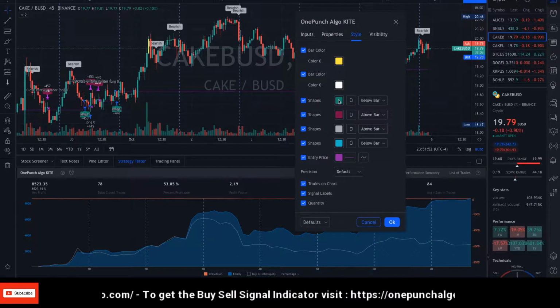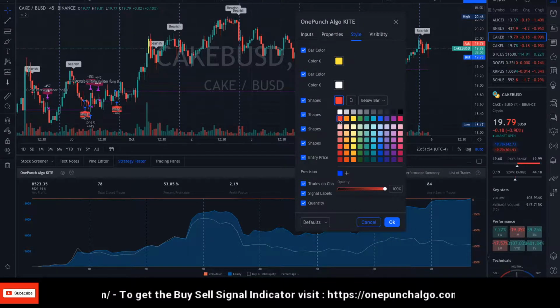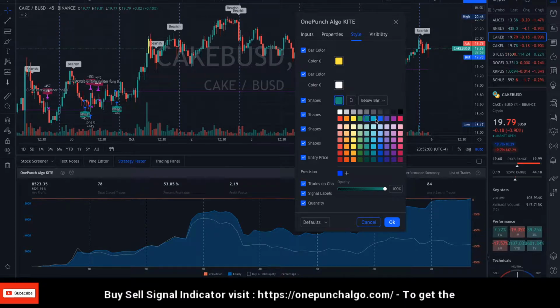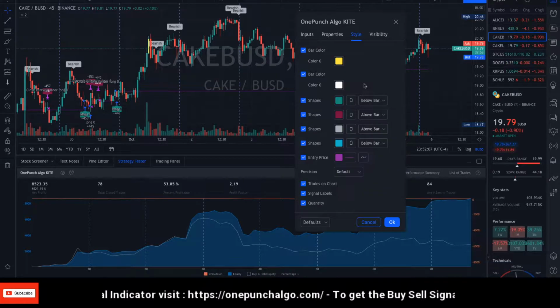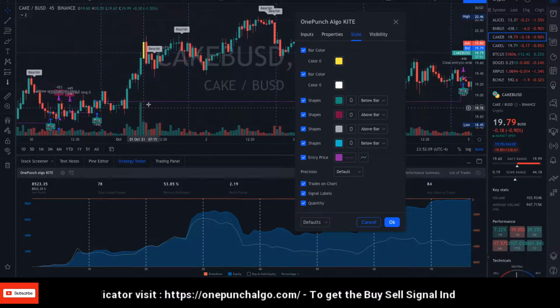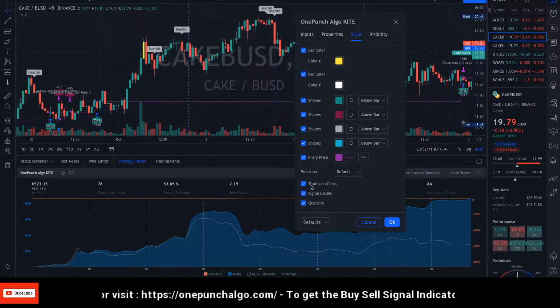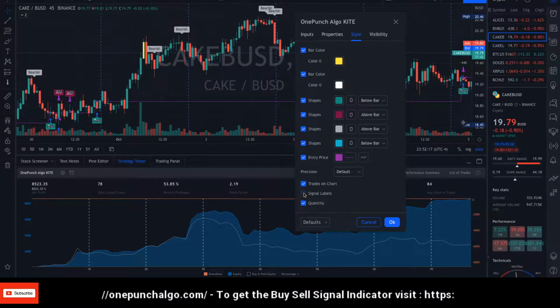If you want to change the color, you can do it. For the uptrends, if you want something different from the color that we already have, you are welcome to use these settings. I will keep teal as the color for the buy, and here, trades on charts and signal labels, you can take them out.